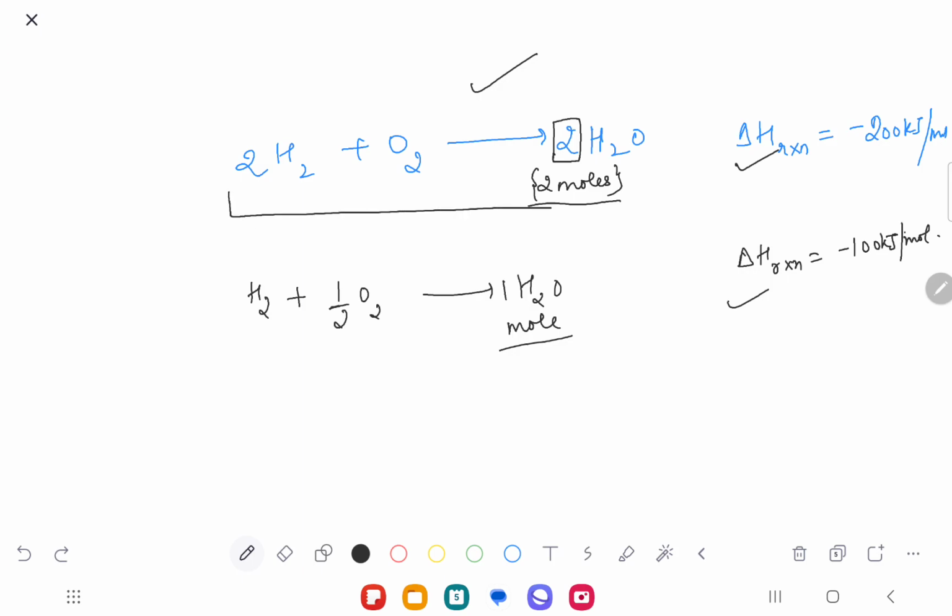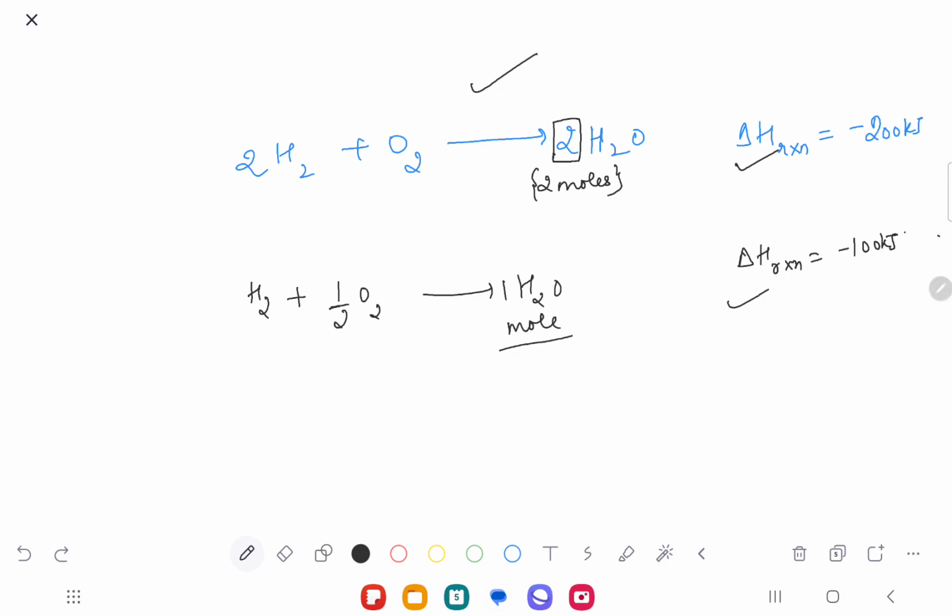In that reaction where 1 mole of H2O is being formed, what do we have? Tell me. Only then will we be able to write it down per mole, isn't it? That amount of heat released per mole is this much, because that is the heat of formation.